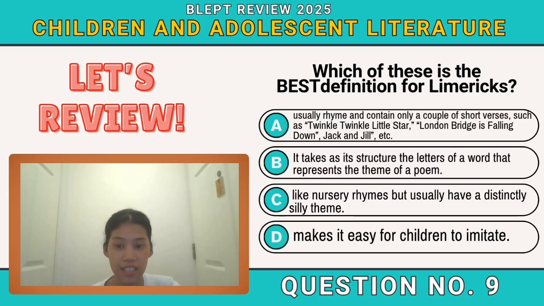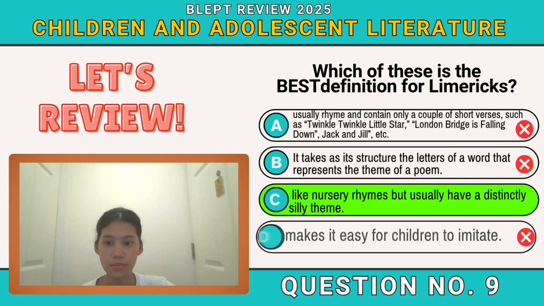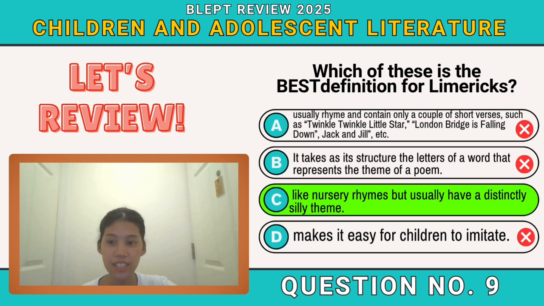And letter D. Makes it easy for children to imitate. You have 10 seconds to answer this question. Alright, the answer is letter C, like nursery rhymes but usually have a distinctly silly theme.